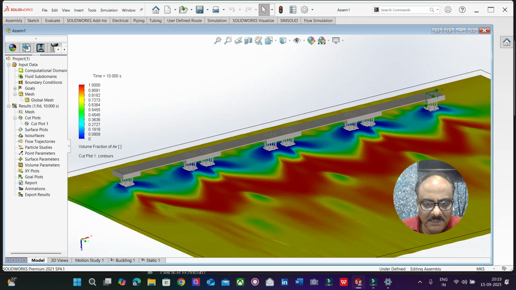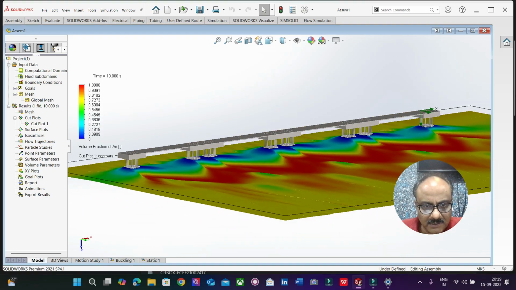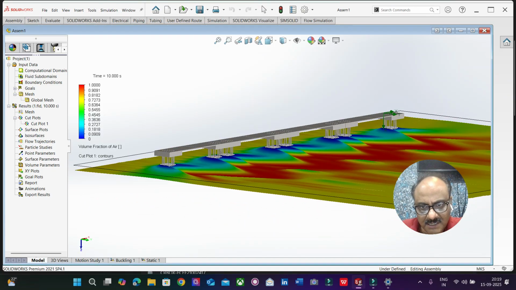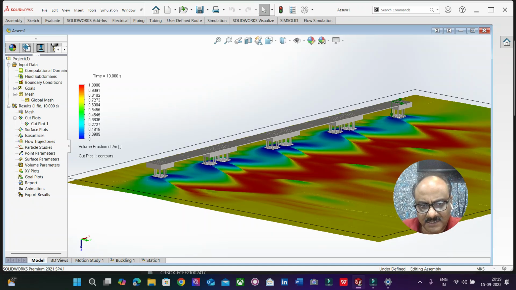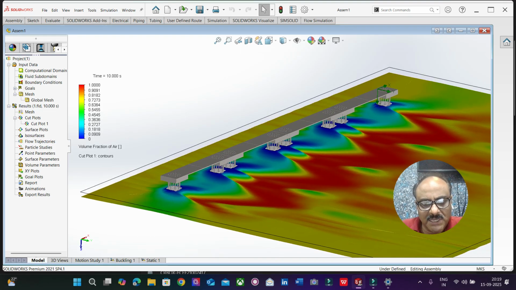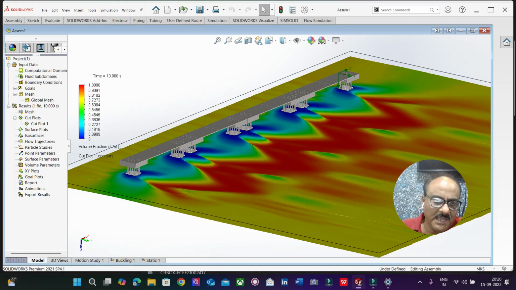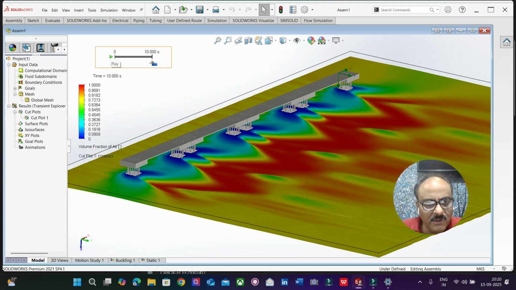The velocity, the water is flowing from this stream, that is upstream. This is the downstream. Usually, the source is considered to be the upstream, and the sink is considered to be the downstream. So from the upstream to the downstream, let's see how the system is going to function.